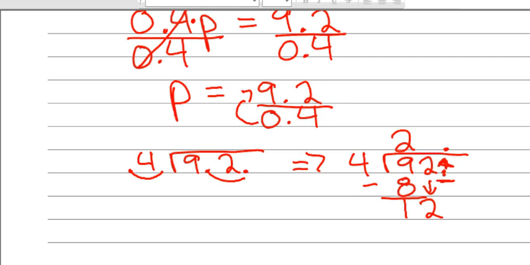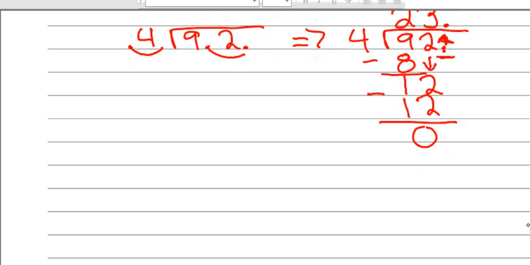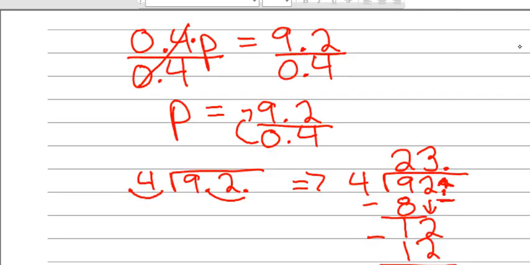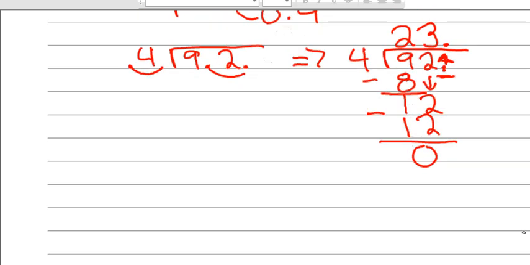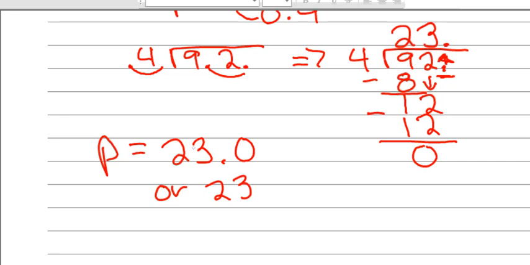Does 4 go into 12? It does. 3 times. So my final answer is P equals 23.0, or just plain old 23.